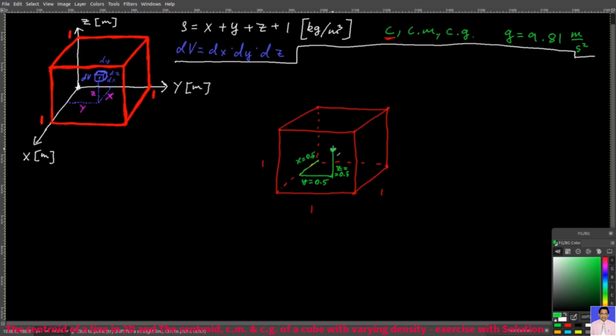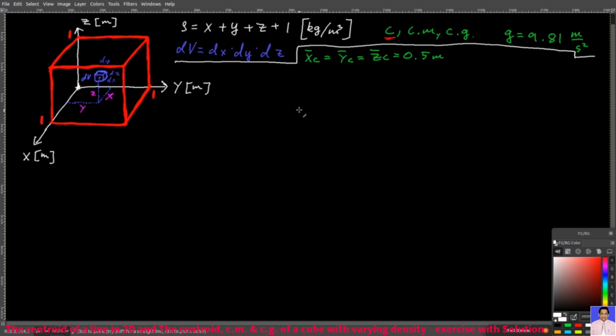So it's right in the center of the cube. So x bar c equals y bar c equals z bar c equals 0.5 meters. That's your centroid. However, since the density of the cube varies, obviously the center of mass and the center of gravity are in a different place.